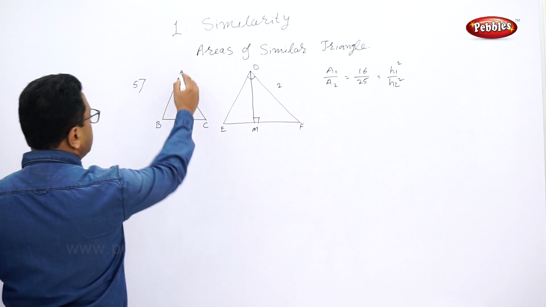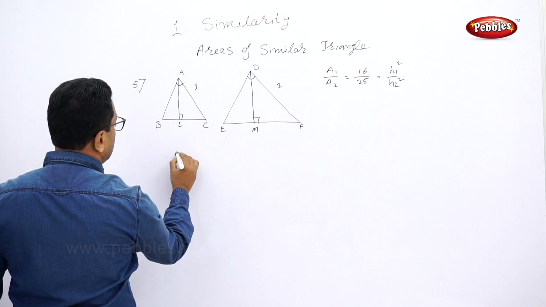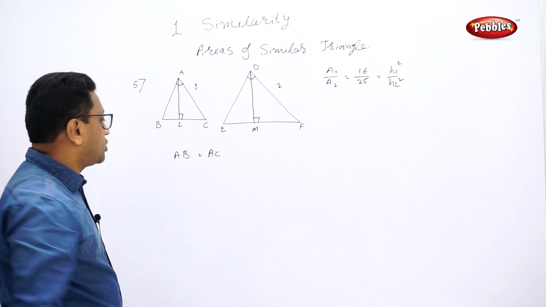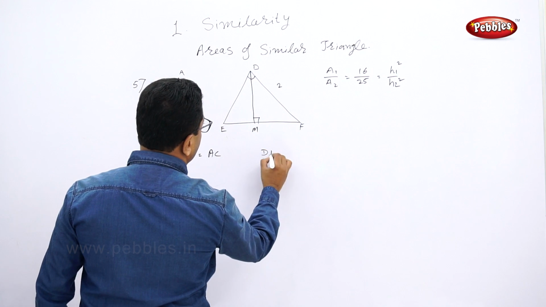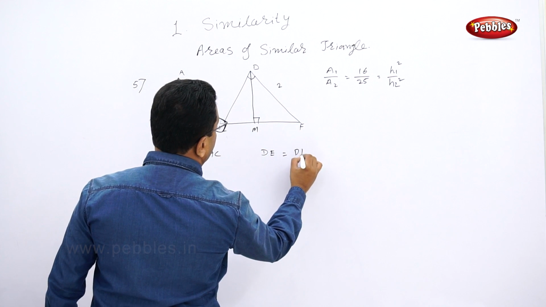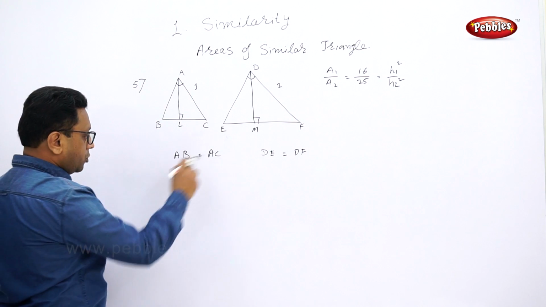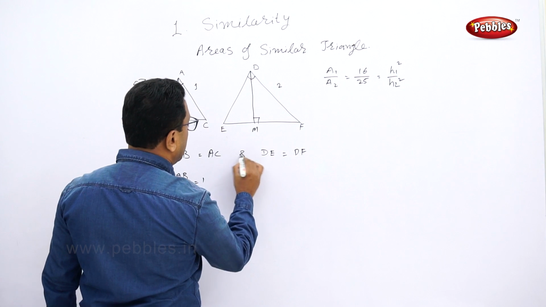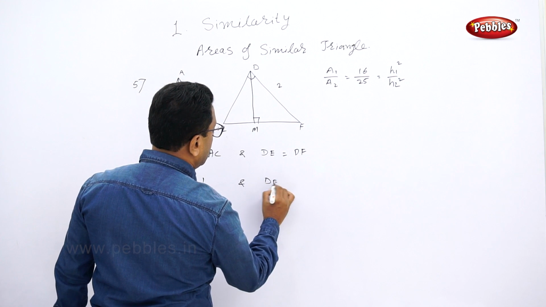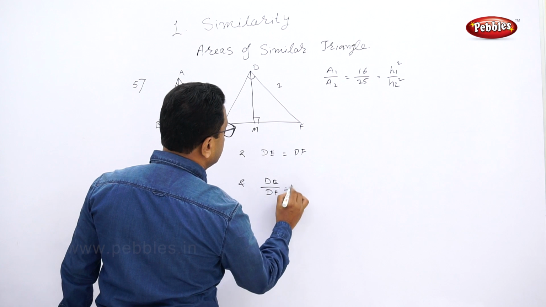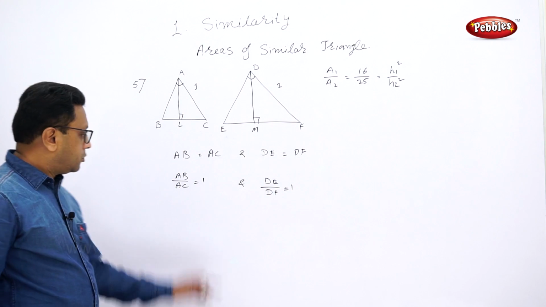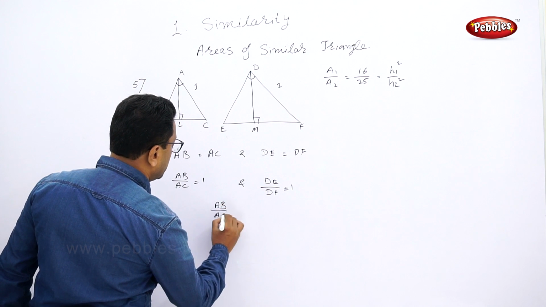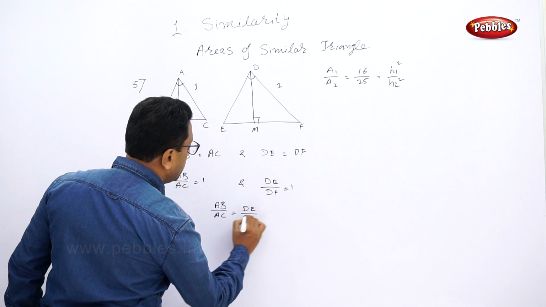Now here I can say that AB is equal to AC. Why? Because it is an isosceles triangle, and here DE is equal to DF. So AB upon AC is equal to 1, and DE upon DF is also equal to 1. So these two are 1. So I can say that AB upon AC is equal to DE upon DF.